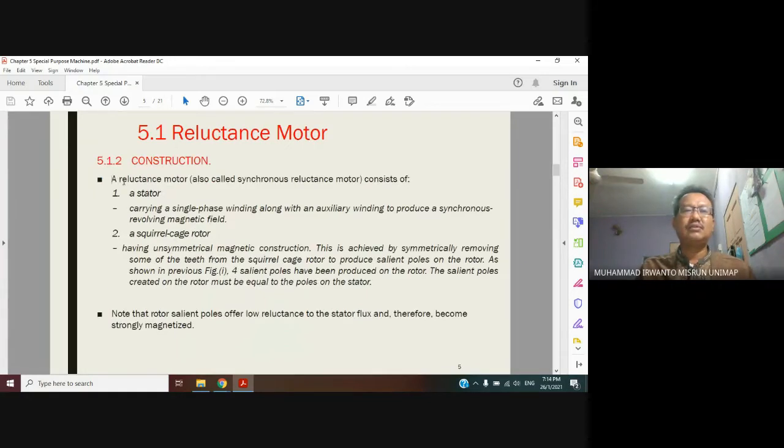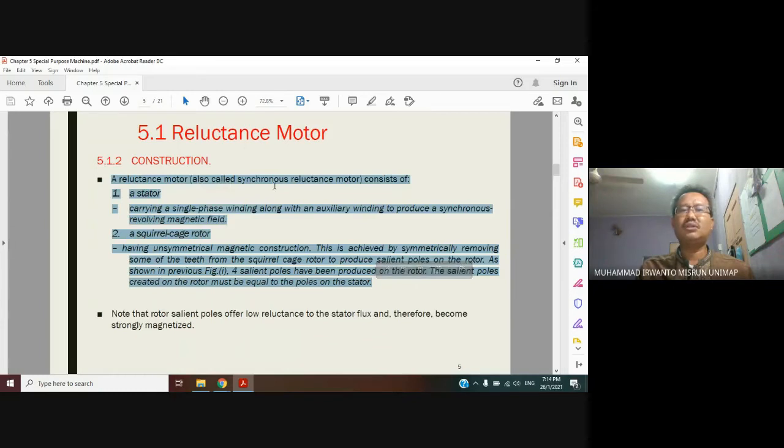Now, its construction, we repeat again. The reluctance motor, also called synchronous reluctance motor, consists of, first, a stator carrying a single phase winding along with an auxiliary winding to produce a synchronous revolving magnetic field. Then the rotor is a squirrel cage, meaning some bars are constructed on the rotor, having unsymmetrical magnetic construction.